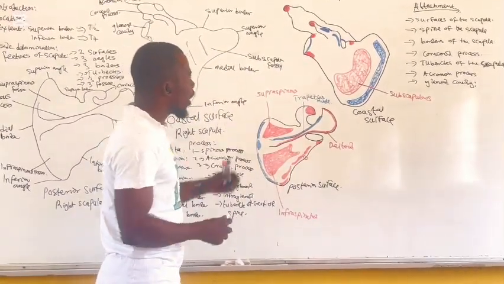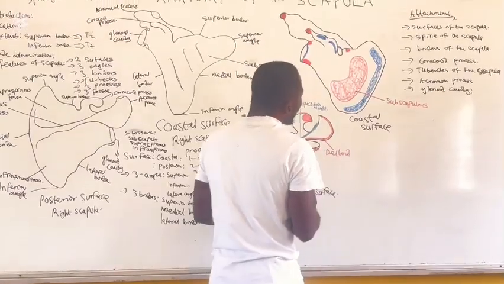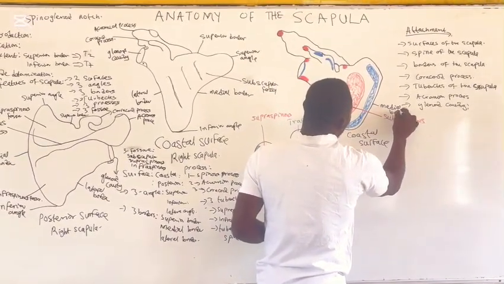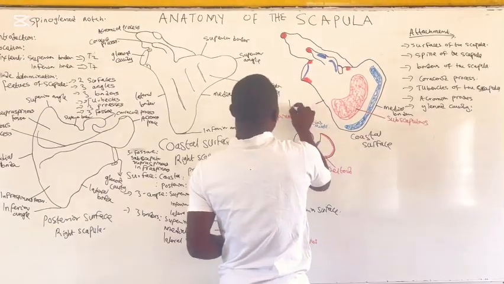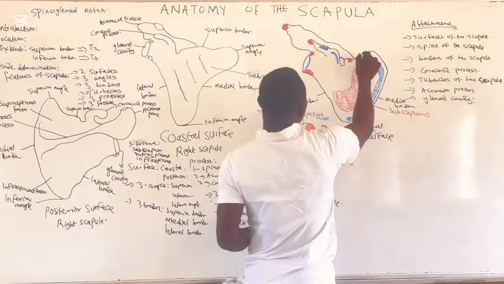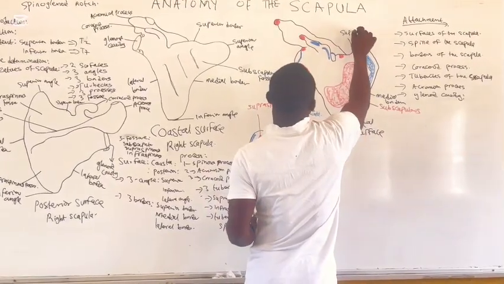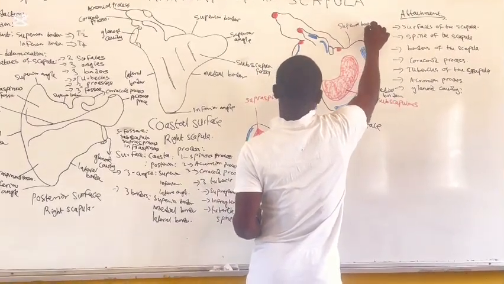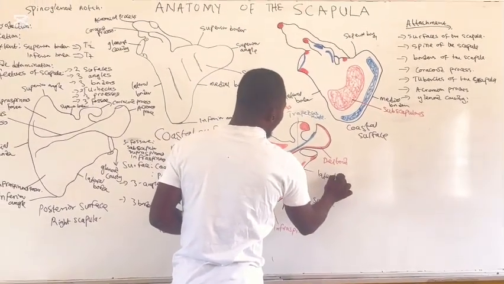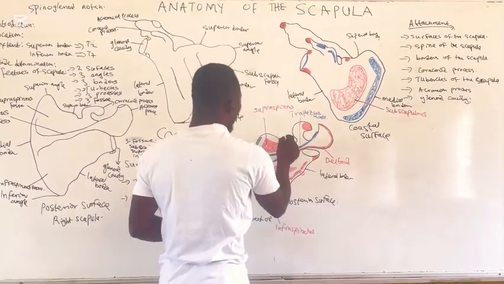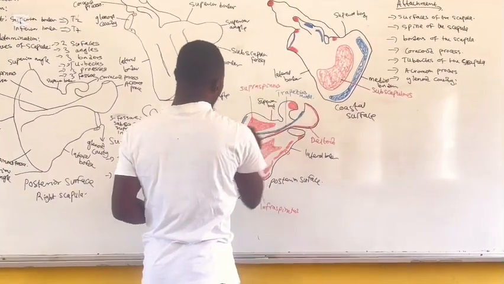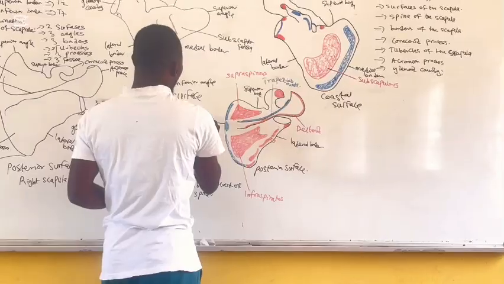So from here, this is the medial border, the lateral border, and the superior border. Also here, this is our lateral border and the superior border, medial border.